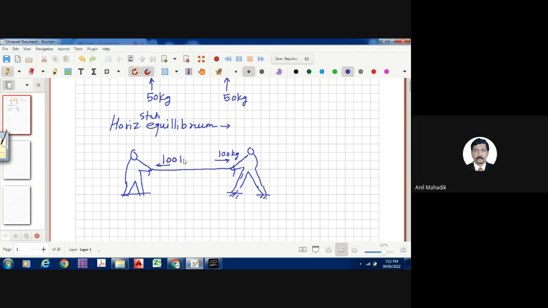Then we can say it is equilibrium, and as the direction is horizontal, we call it horizontal equilibrium, which we can put mathematically like this. Generally the left side we take as negative and the right side as positive in calculations. So minus 100 plus 100 is equal to 0. This is horizontal equilibrium.